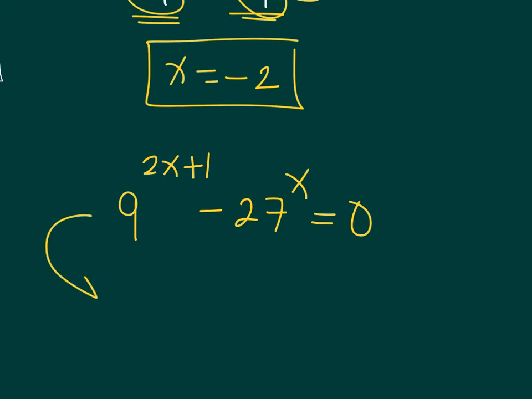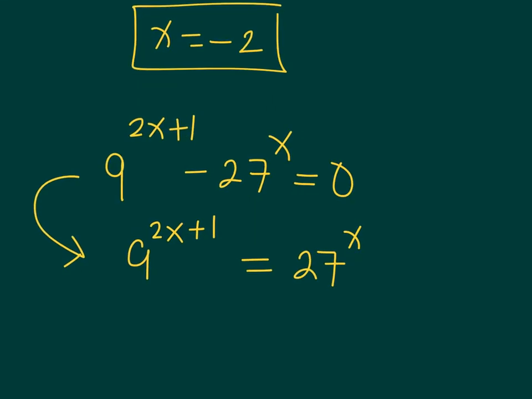But in this equation, it is essential that you rewrite this into 9 to the 2x plus 1 equals 27 to the x. And this can be simply obtained by transposing negative 27 to the x, or more formally, by adding 27 to the x on both sides.